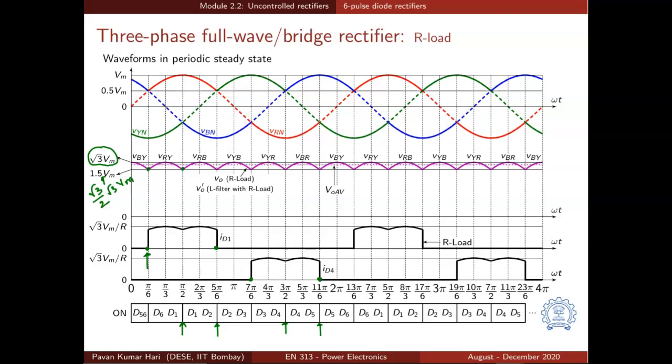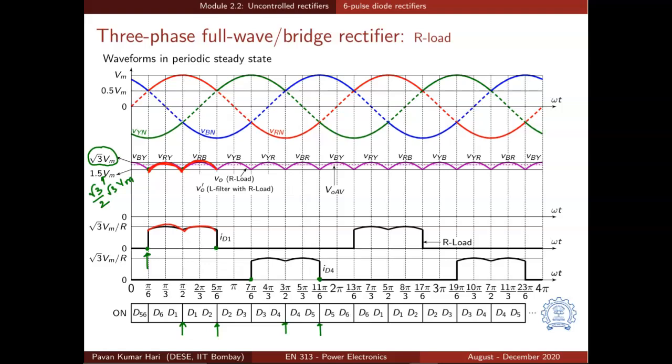And how does the current vary when a diode is conducting? Since only R is connected between X1 and X2, that is only R load is being considered, the current is proportional to the voltage. That means whenever D1 is conducting, the current waveform will be proportional to this section, because it is just this voltage divided by R, and that is what is shown here.